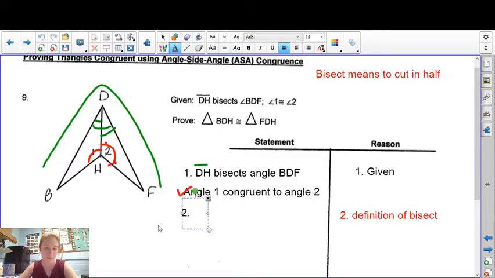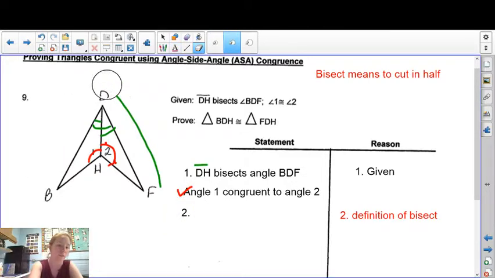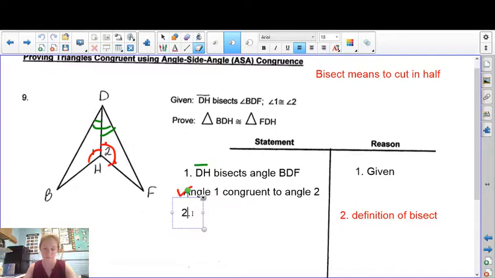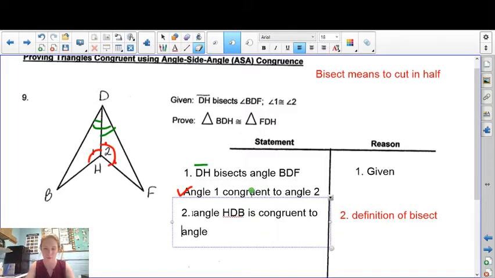Okay, so now we have to write this congruence statement. First I need to get rid of some of this because it's a little bit in the way. Next I need to talk about how we're going to label that. So let's start going from red to green. So angle HDB is congruent to angle, I went red to green, so I need to go H to D to F. And we did that all based on our definition of bisect.